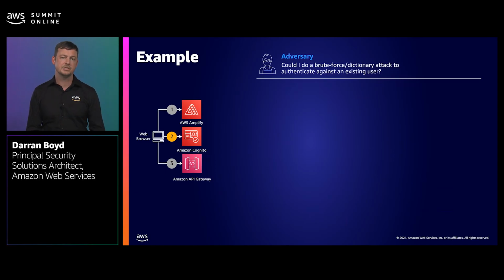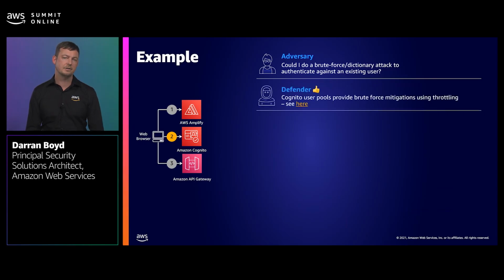Here we have the adversary persona looking at Dataflow 2 to Cognito. He's wondering whether or not he could perform a brute force or dictionary attack to authenticate against an existing user. They are considering what could go wrong. Our defender persona has done some research, and they've found that the Cognito user pools provide brute force mitigations using throttling, and has provided a link to the security chapter of the Cognito documentation that goes into some depth on how that works.